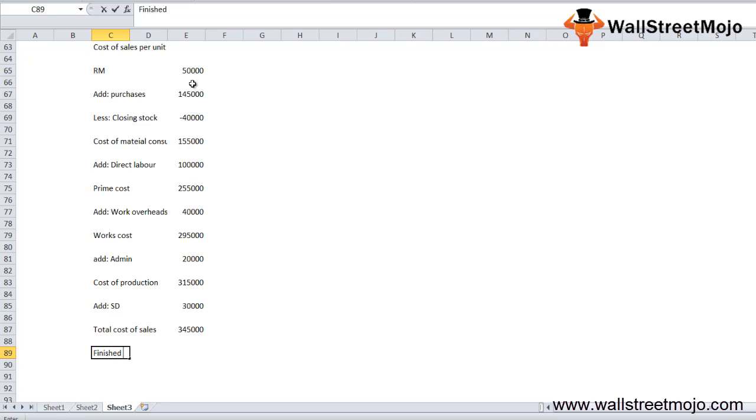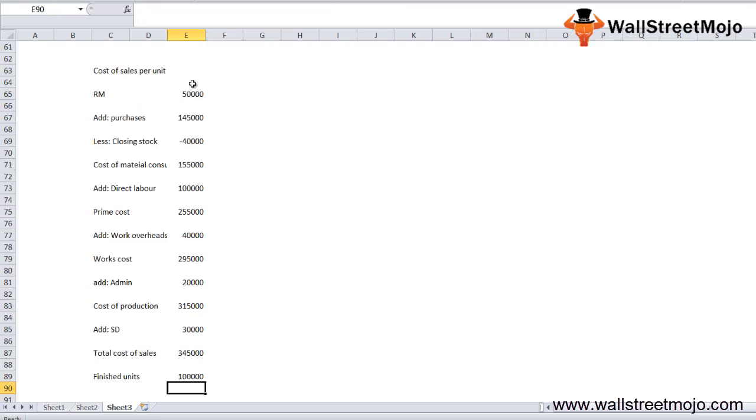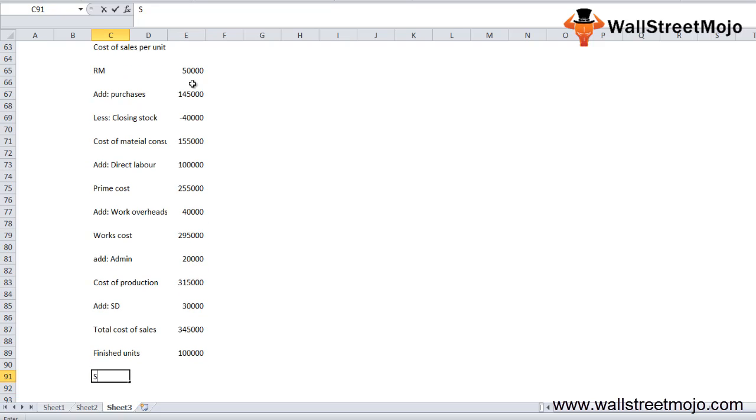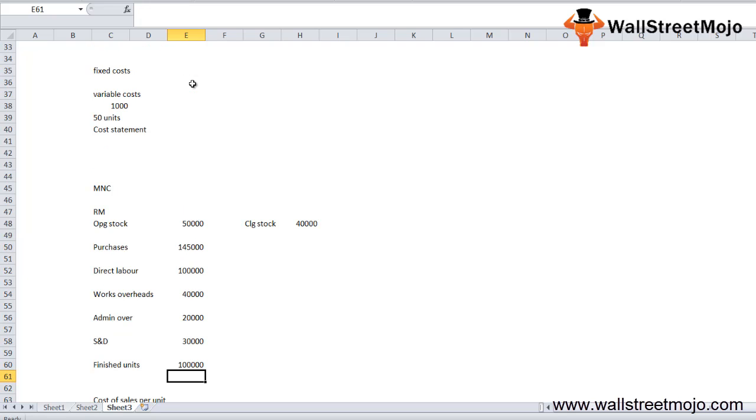Then we have the finished units, which is 1 lakh units. So our cost of sales per unit is the total cost of sales divided by the number of units, that's 3.45 per unit. So this is how the cost sheet is prepared.